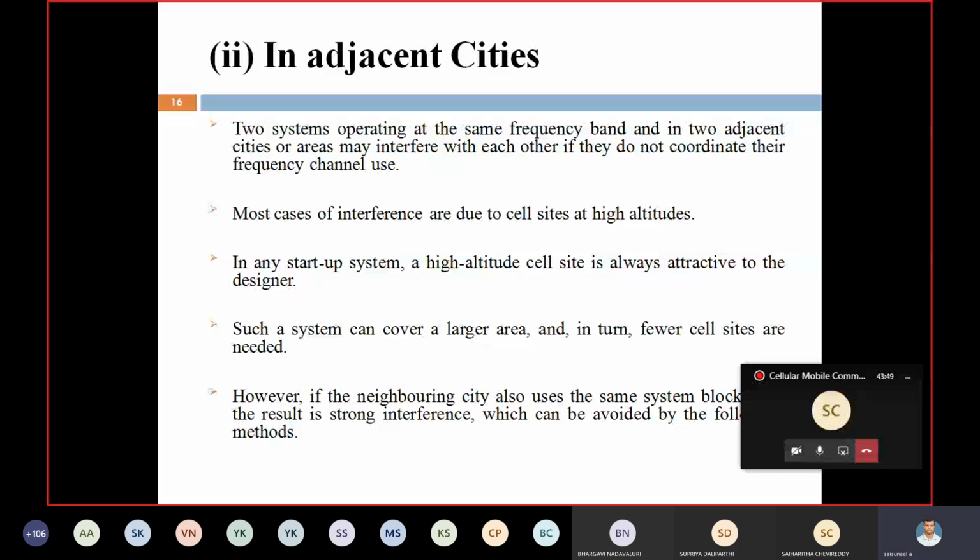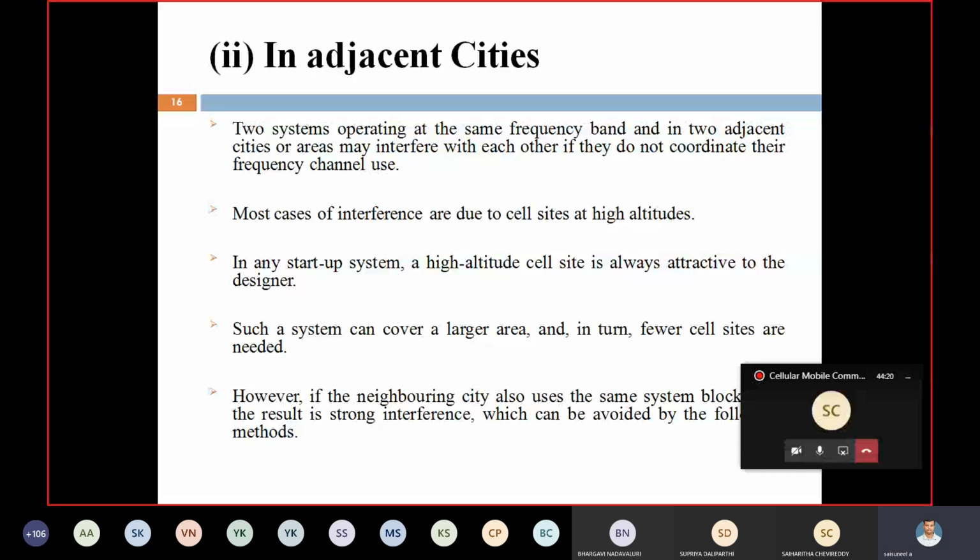Suppose I consider two twin cities, say Hyderabad and Secunderabad. These two cities operate in the same frequency band, but the number of transmitters is high. Without proper frequency management and channel assignment, we get channel interference.